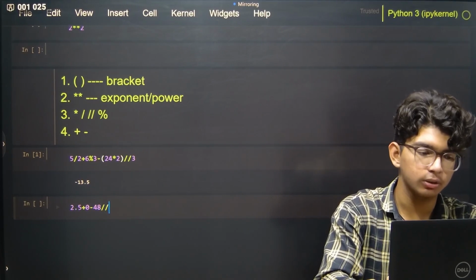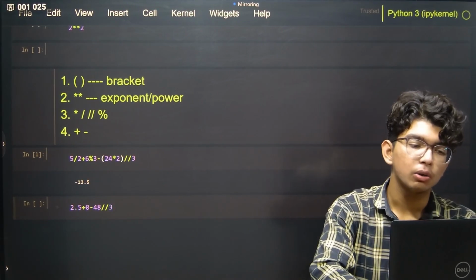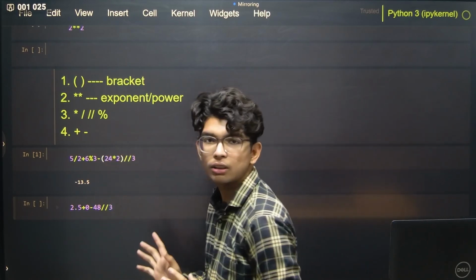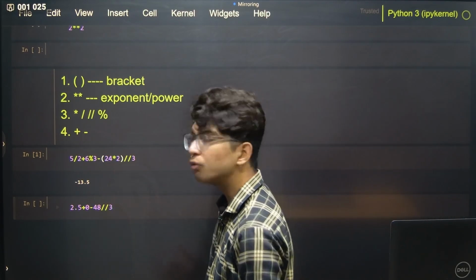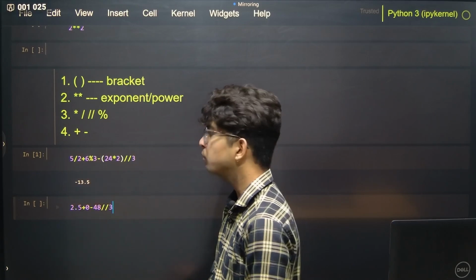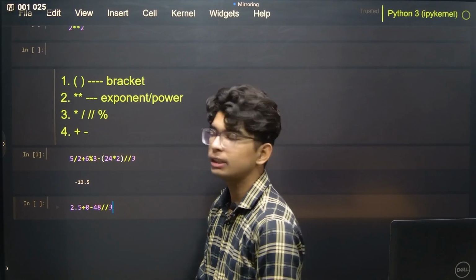Floor division 3. So now we can see that this got computed and got the answer of 48. This also got computed and got the answer of 2.5. This got the answer 0.